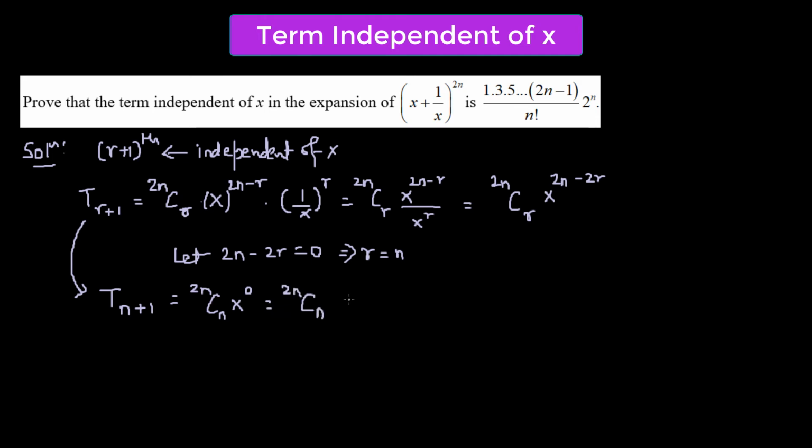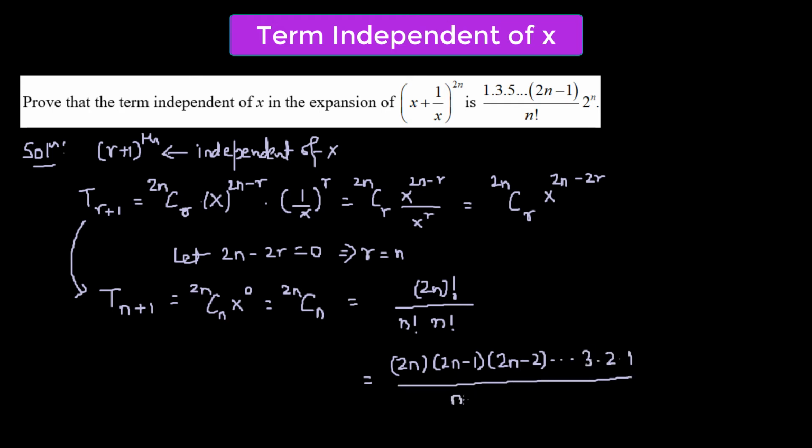Now we expand 2nCn, so that gives us 2n factorial divided by n factorial times 2n minus n, which is simply n factorial, which will be equal to 2n times 2n minus 1 times 2n minus 2 all the way up to 3 times 2 times 1, divided by n factorial times n factorial. So this is our independent term T n plus 1.